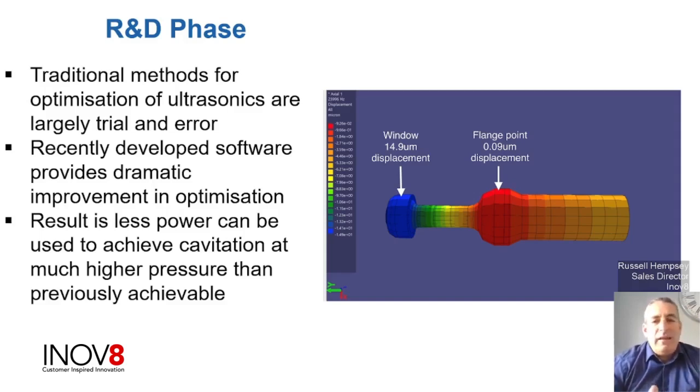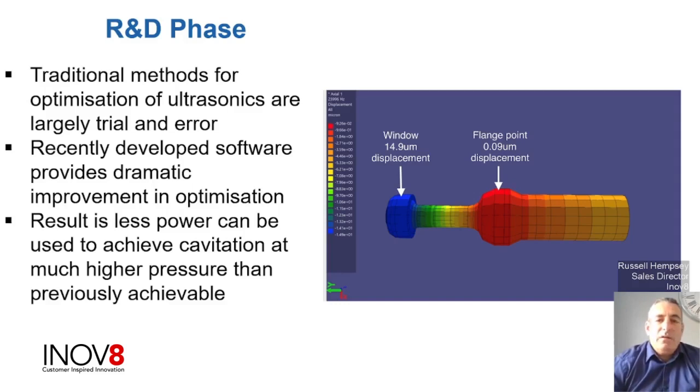However, designing a transducer to operate efficiently at the right frequency, reducing displacement energy to facilitate a hold point, i.e. a flange, and then amplify that energy to maximize displacement energy at the desired location, which is at the window, is almost impossible.